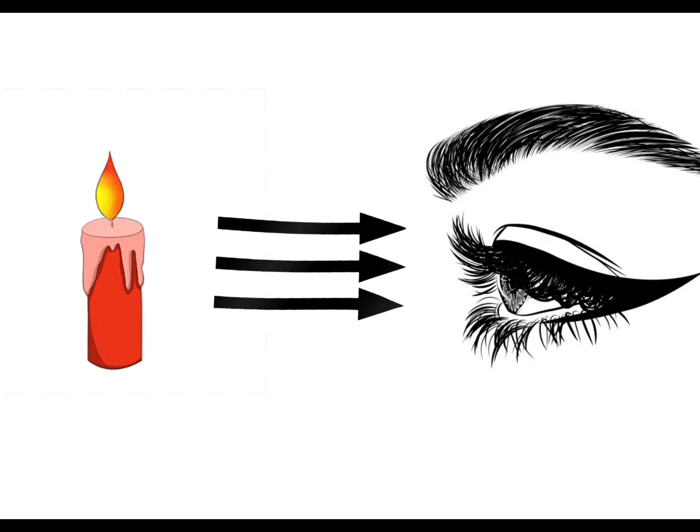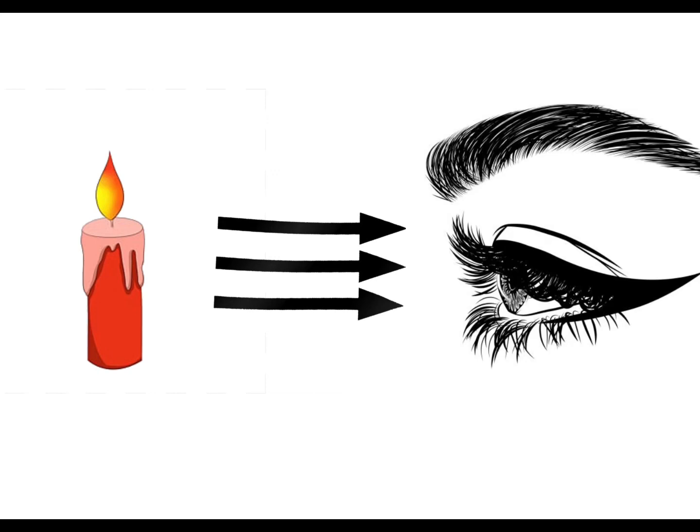Then through the lens, those light rays are refracted and converged onto the retina. On the retina there is a special point, the fovea. On the fovea, an inverted image is formed.